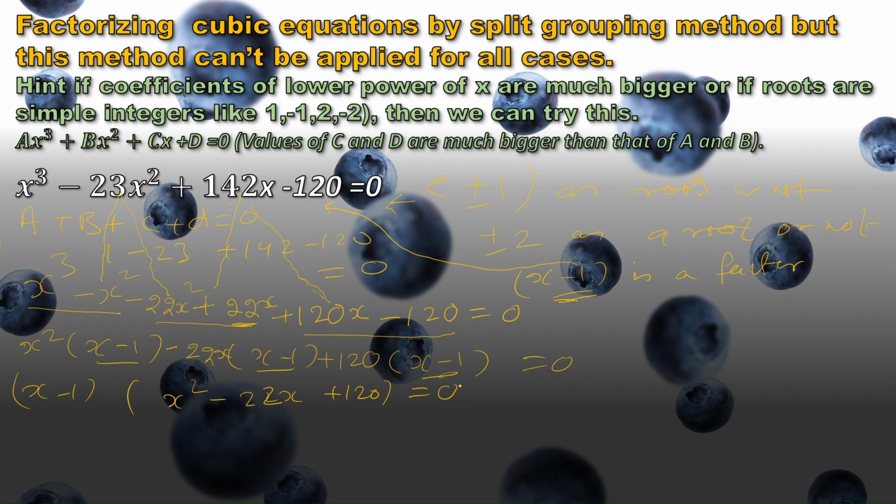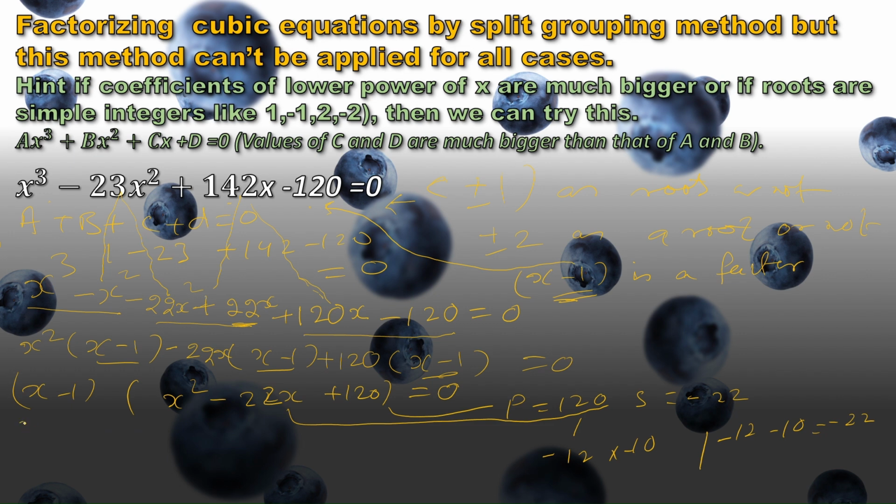So we can simply split it by middle term splitting. This 120 is the product, and this minus 22 is the sum. By middle term splitting, we can easily see that this can be written as minus 12 into minus 10, and if we add minus 12 and minus 10, it comes to minus 22.